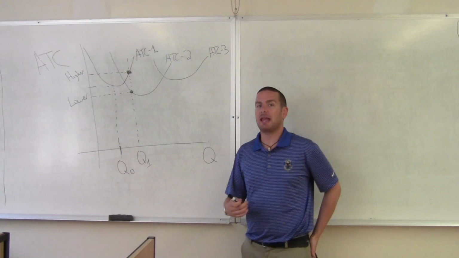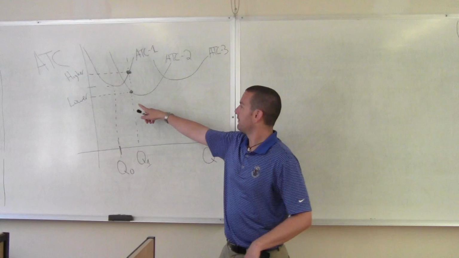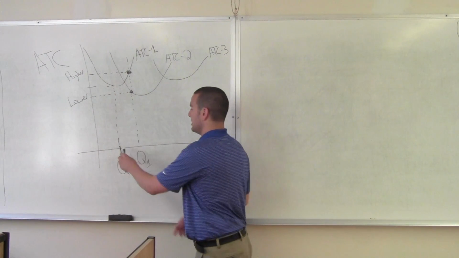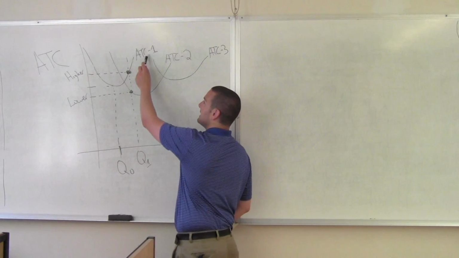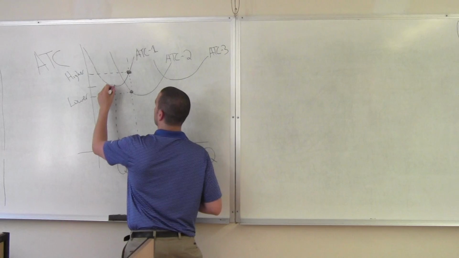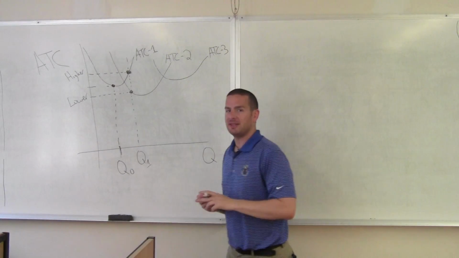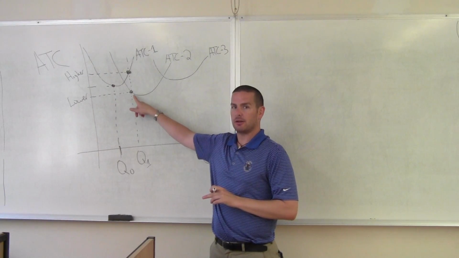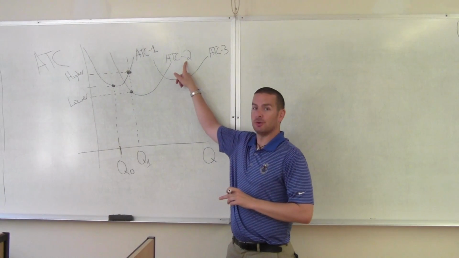So what you end up getting is the firm, which initially, at Q0, was producing on ATC1. Now they would like to be producing here at ATC2.